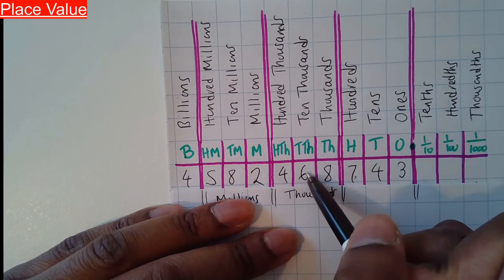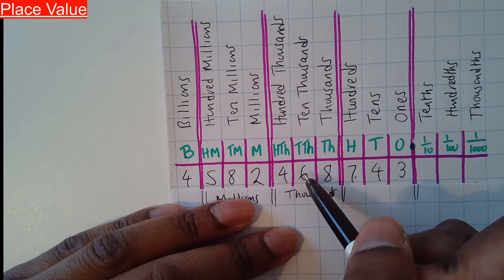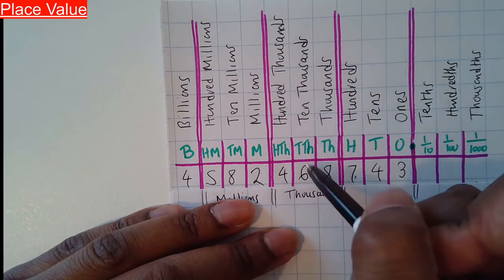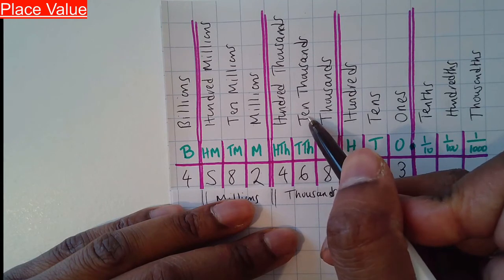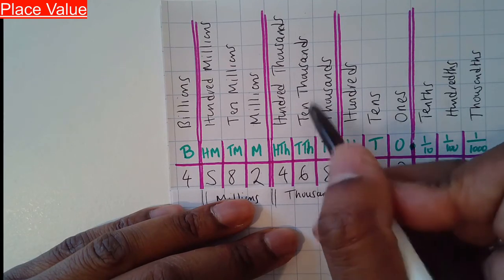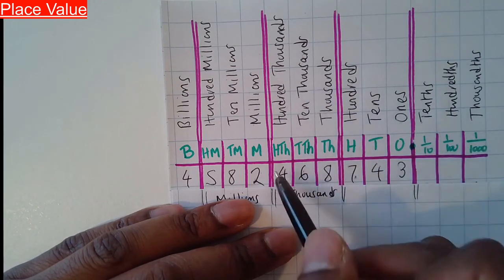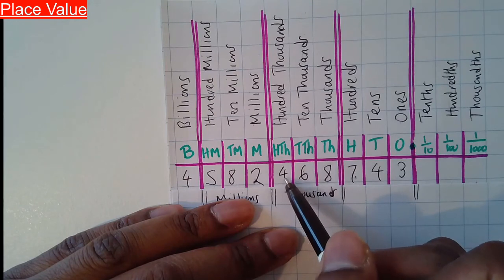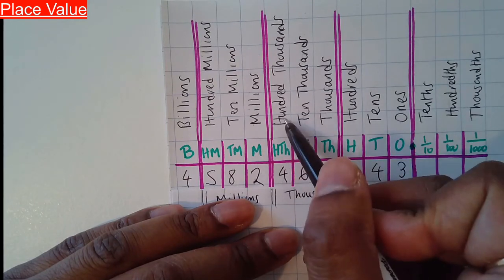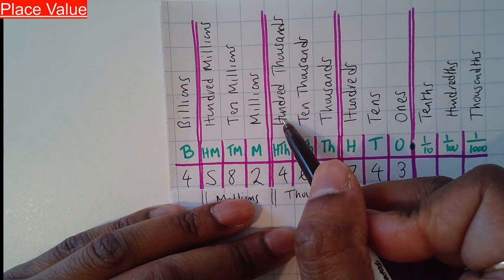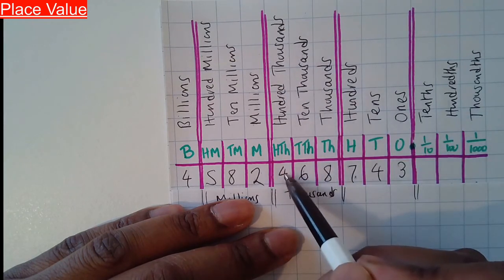That 6 there, 6 lots of tens, is 60, so it represents 60,000. What does that 4 represent? Well, that's 4 lots of hundreds, that's 400,000.